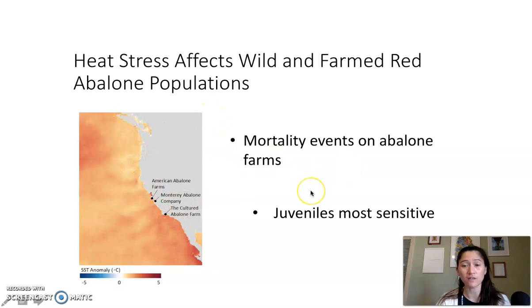So mortality events occur on abalone farms when there are high temperatures, and in particular, juveniles are the most sensitive to this heat stress, and so that is why we focus on juveniles specifically in my lab. This graphic here on the left is showing that there are some regions along the California coast that get much warmer water temperatures than normal.